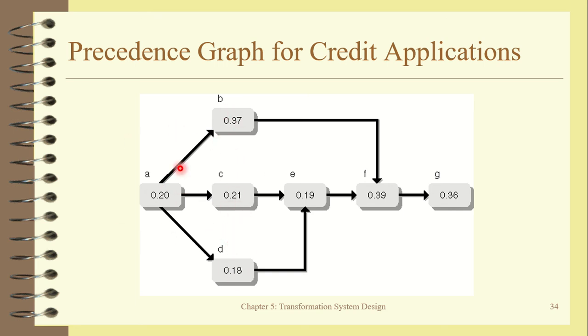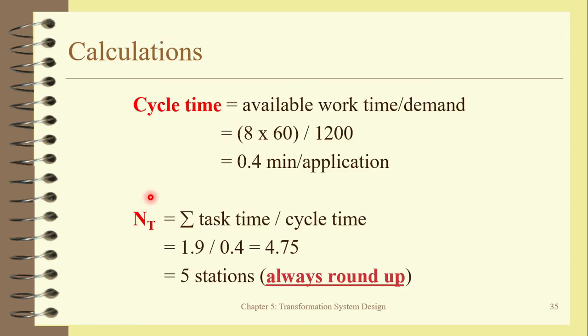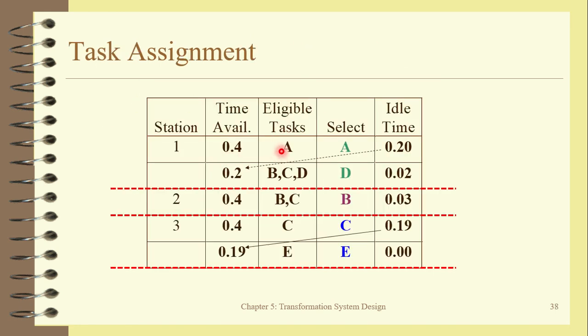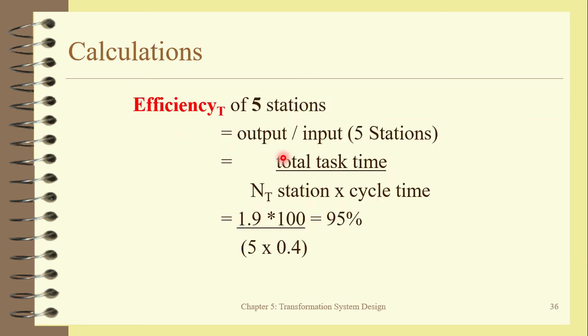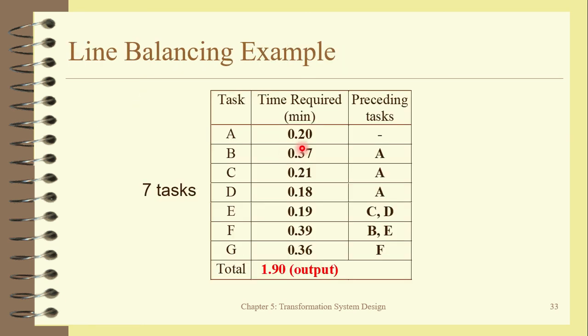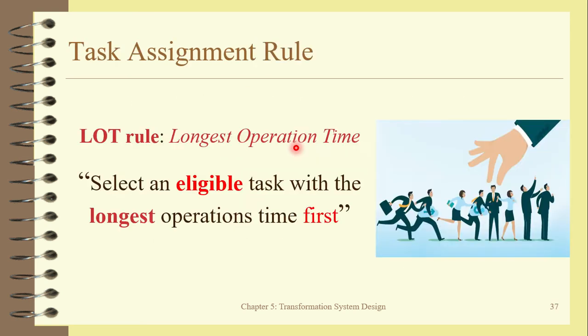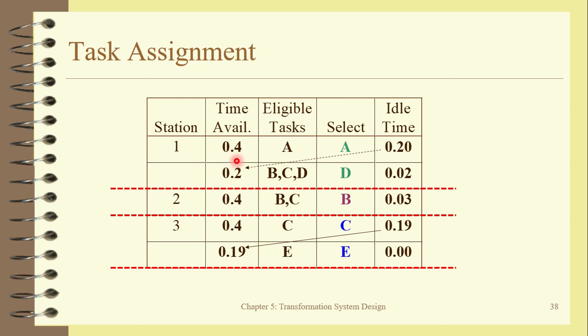In this case, just task A could start, because this task has no preceding task. So you put eligible task A here, and whether you select it depends on the time requirement of task A. Because task A requires 0.2 and the available time is 0.4, task A could be allocated in workstation 1.